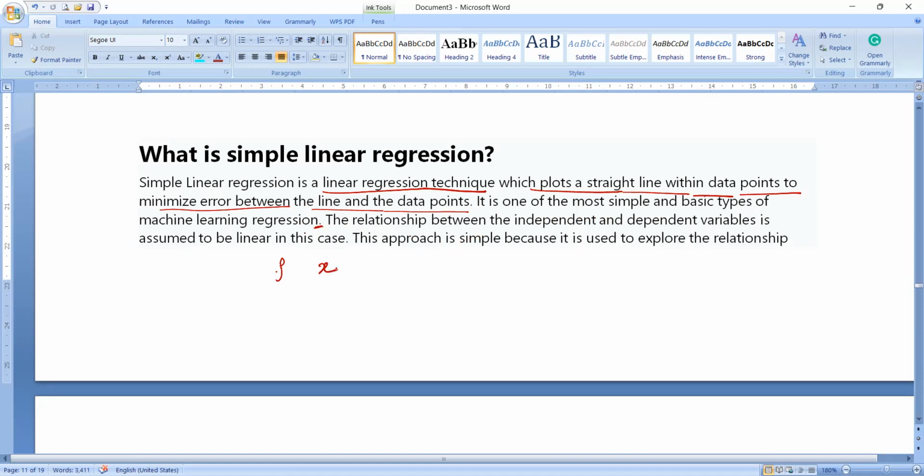Means f of x, y is equal to linear. This has to be linear. So this is a dependent variable, sorry, this is a dependent variable, this is an independent variable, and the relationship between these two is linear. That's why this is called regression, investigation of the relationship between dependent and independent variables. And if this relation is linear, it is called simple linear regression.